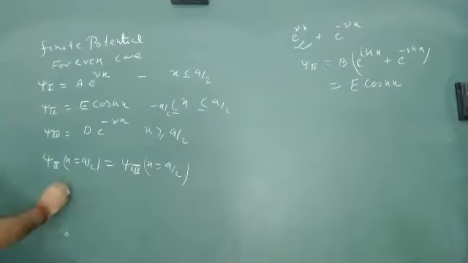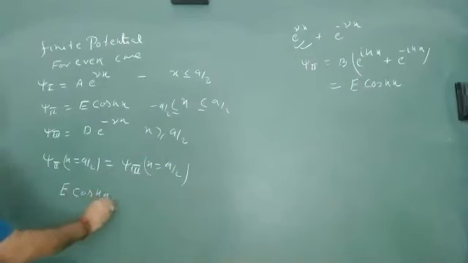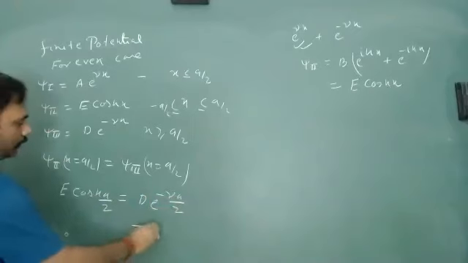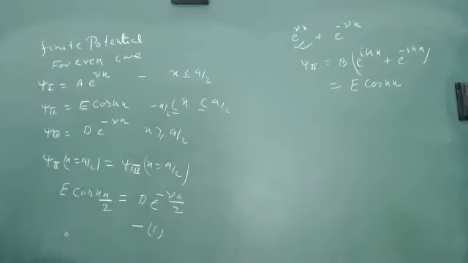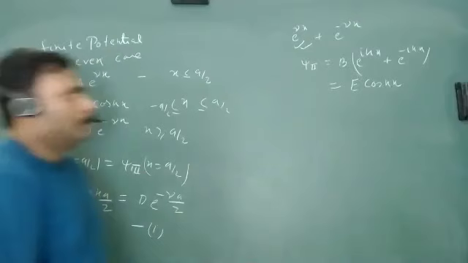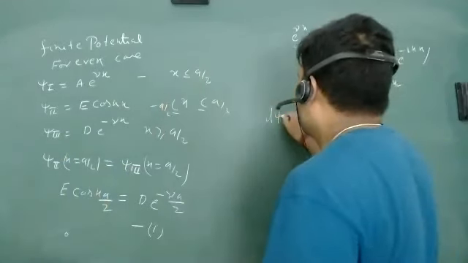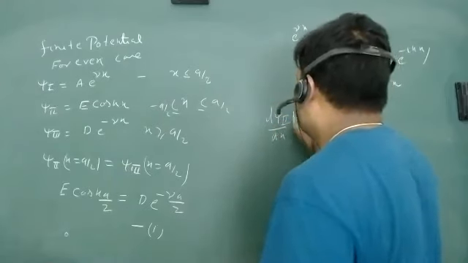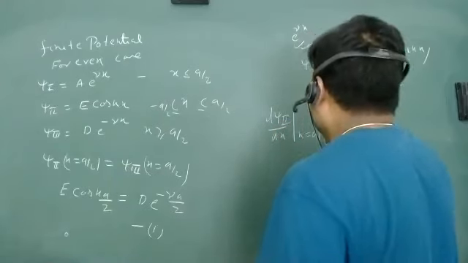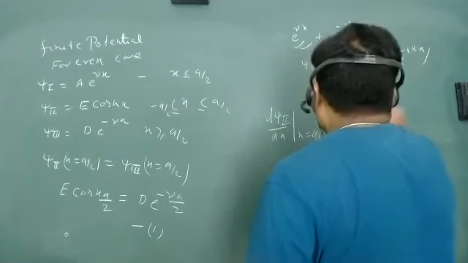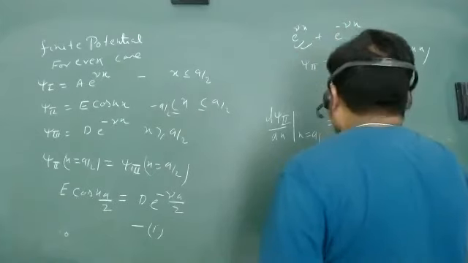So from here you can write E cos k a by 2 must be equal to D e to the power minus gamma a by 2. Let's say this is equation 1. And for the second equation, we use d psi 2 upon dx at x equal to a by 2 must be equal to d psi 3 upon dx at x equal to a by 2.